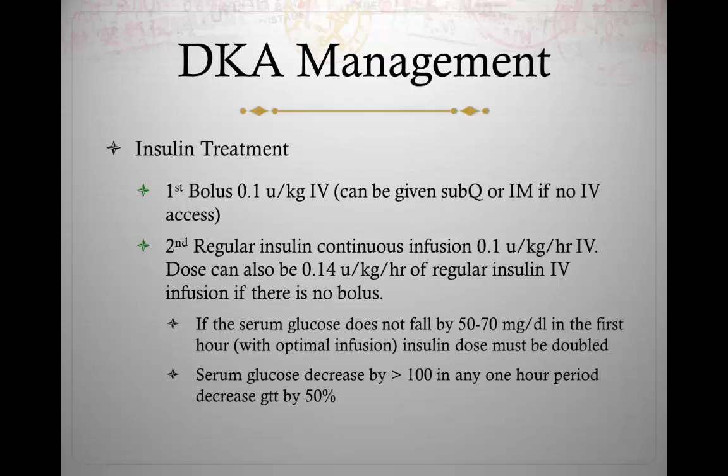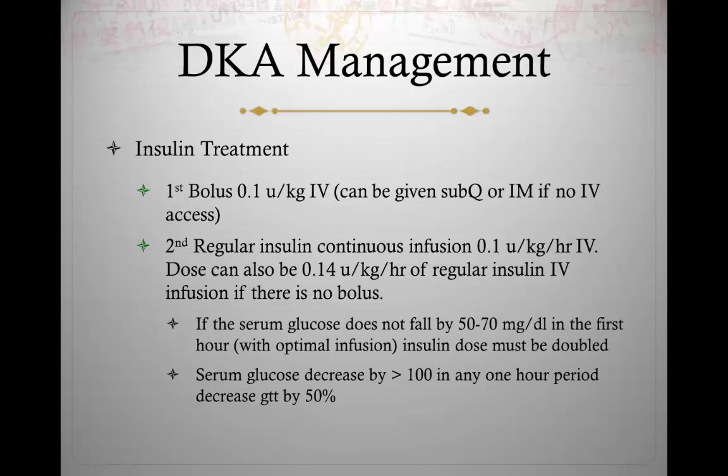So first you're going to give a bolus, and the bolus will be based on 0.1 units per kilo, followed by 0.1 units per kilo per hour. If the glucose does not fall by at least 10% after the first hour, you could either repeat the bolus or you could double the dosage of the 0.1 unit per kilo per hour by 2 folds.